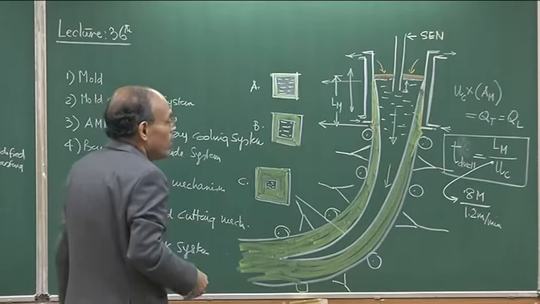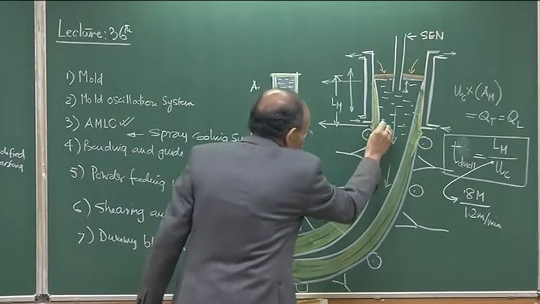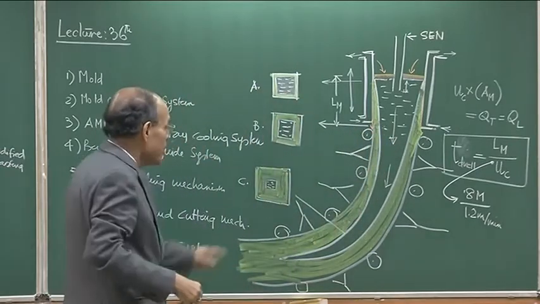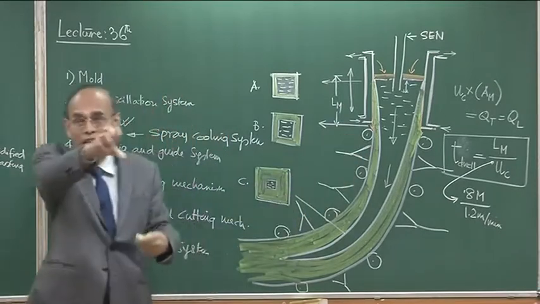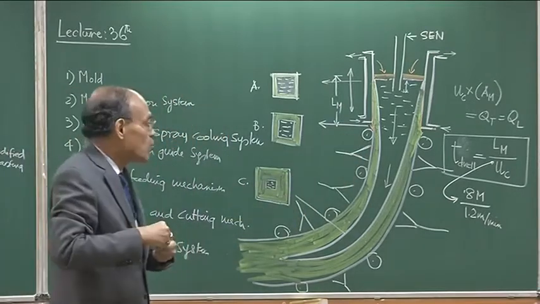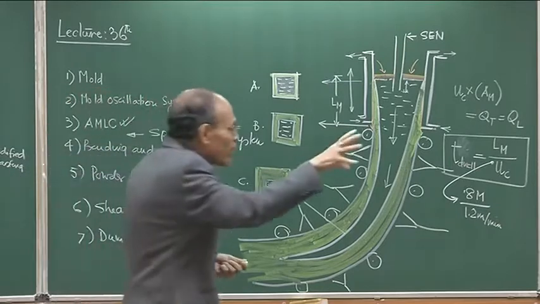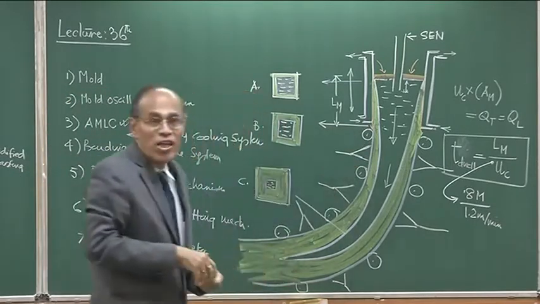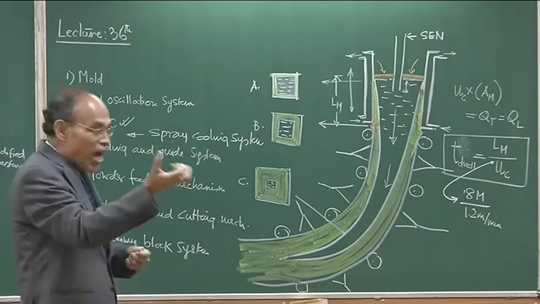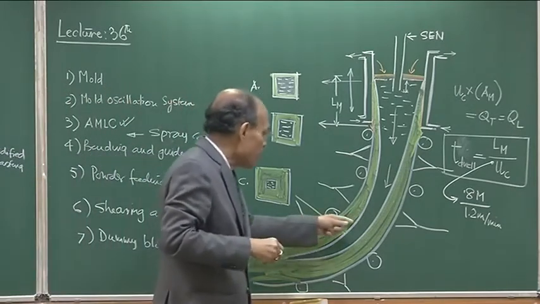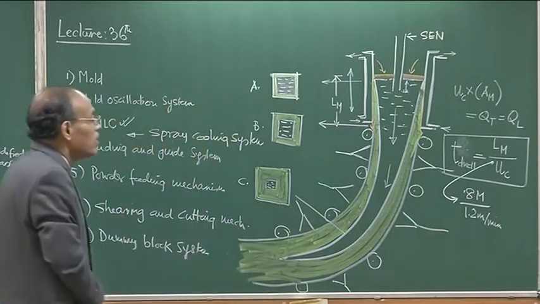When the strand exits from the mould and travels downward, it meets a number of sprays from both sides, and there the water jet or the air mist cooling, that means air water jet, comes in direct contact with the hot surface of steel, and as a result a large rate of solidification can be imparted on the descending strand.